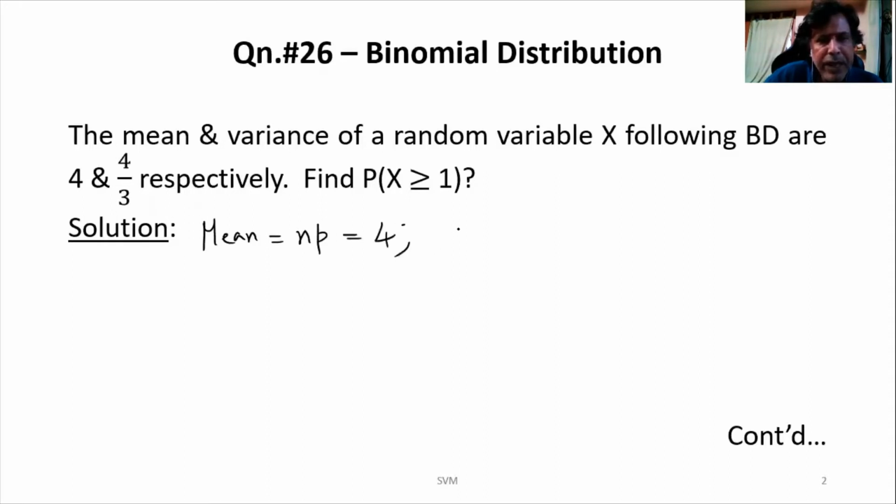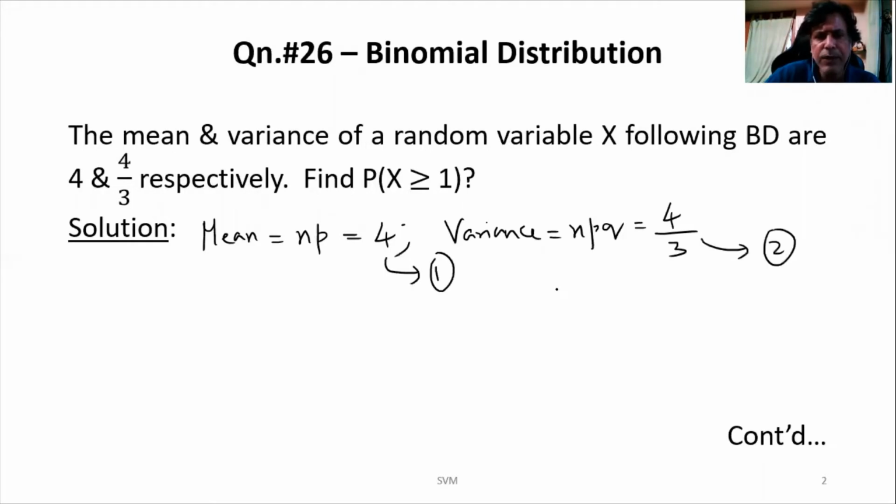And then variance, we know variance of a binomial distribution is n into p into q, that is given as 4 by 3. So these are the two things which are given. Let me call this equation 1, this equation 2.